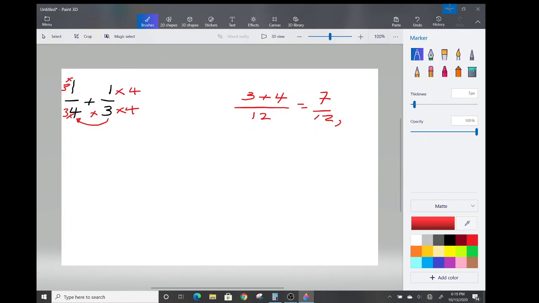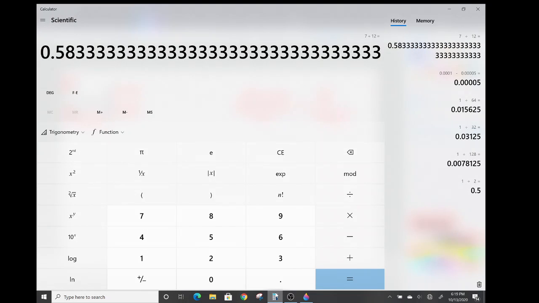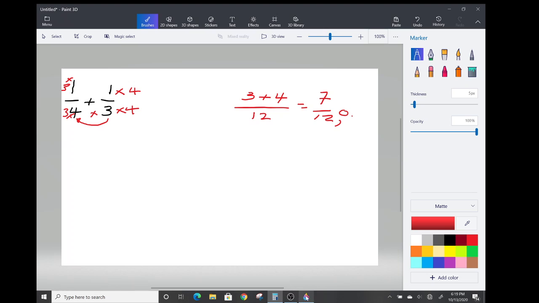Okay. So, what was that? 0.583. Yeah, here we go. 0.583. All right. 5, 8, 3, and we ran out of paper. But that mark means it just goes on forever until we all get tired of threes.